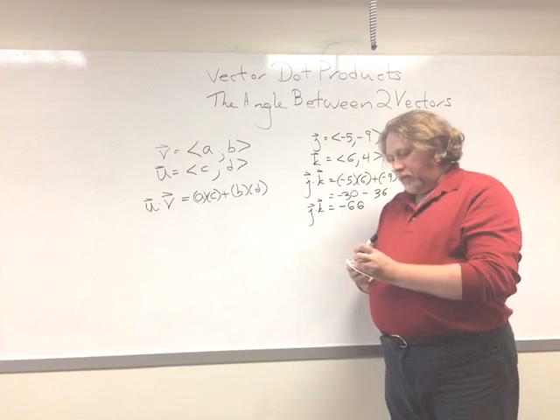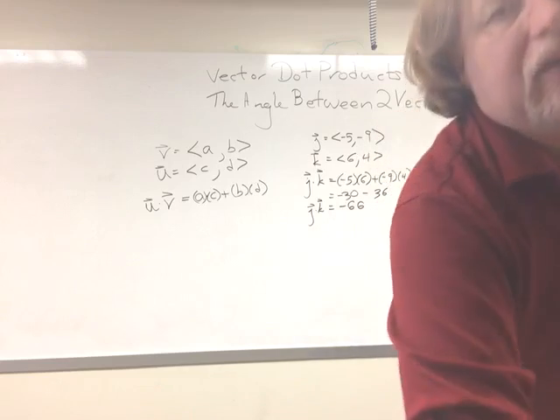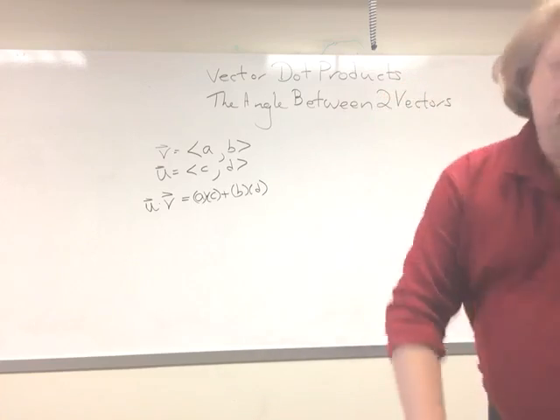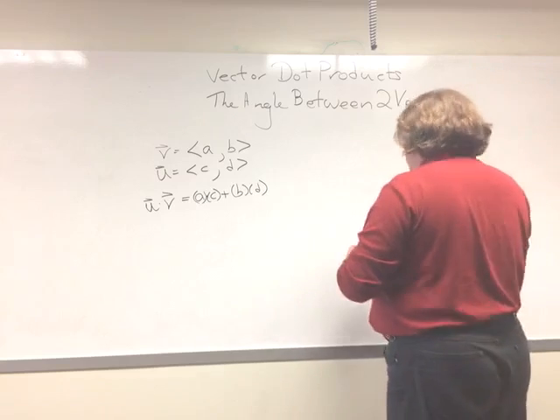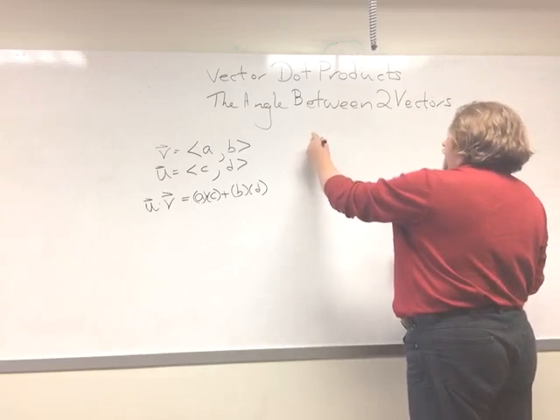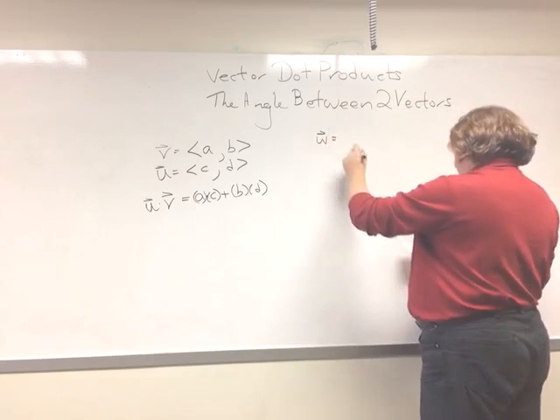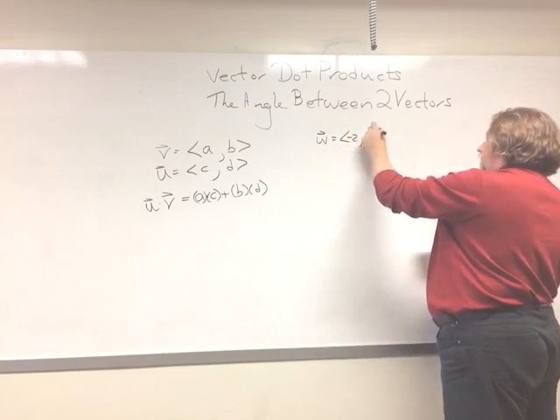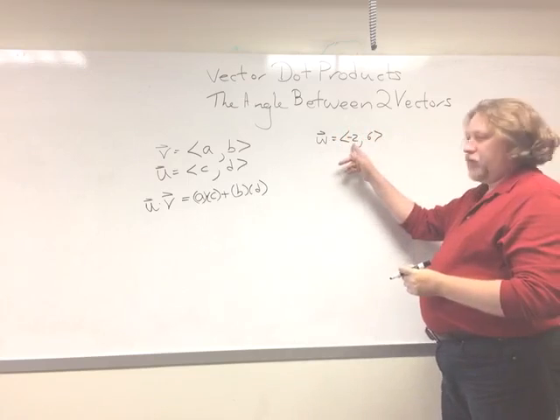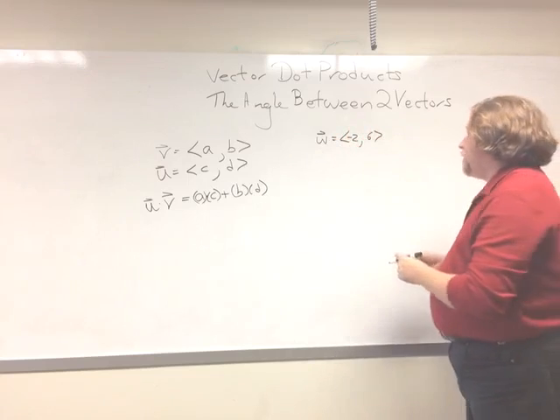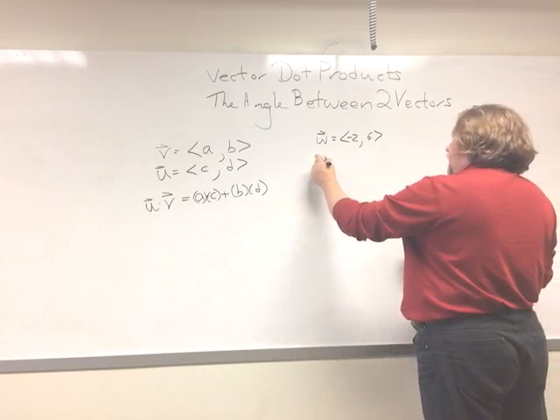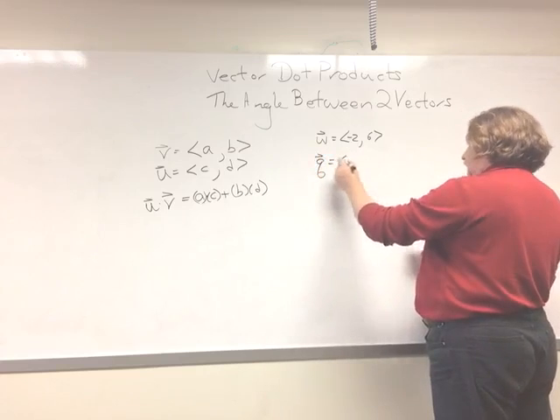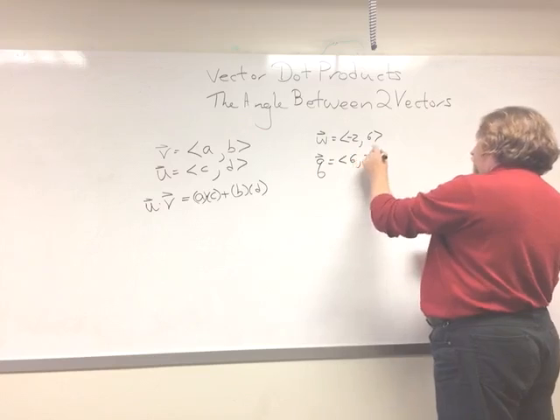Let's do one more of these dot products. Suppose I've got a vector w, and vector w is -2, 6. So vector w is going 2 to the left and 6 up. And we've got a vector q, and vector q is 6, 2.